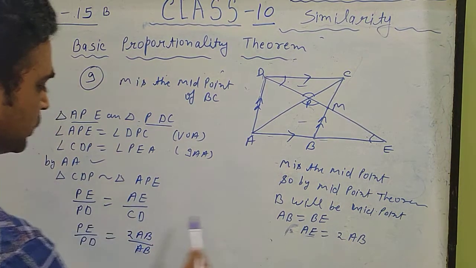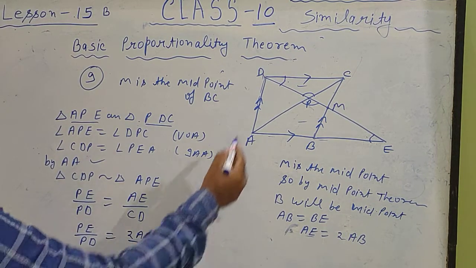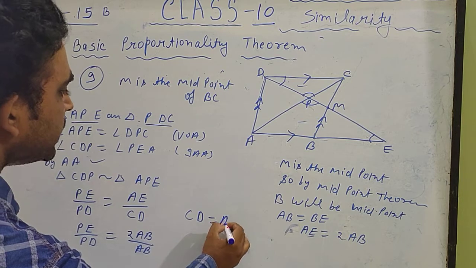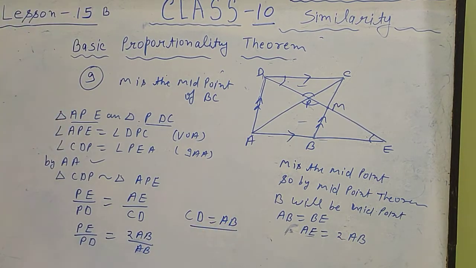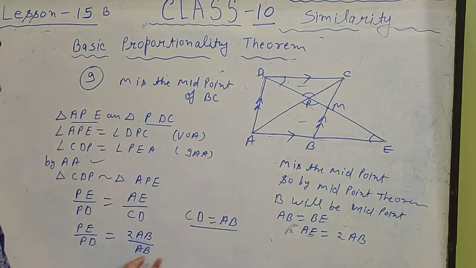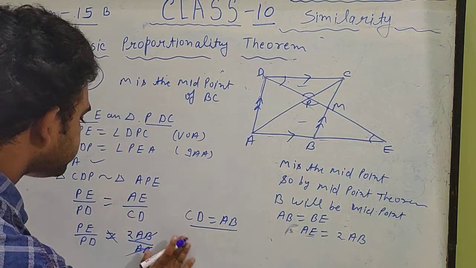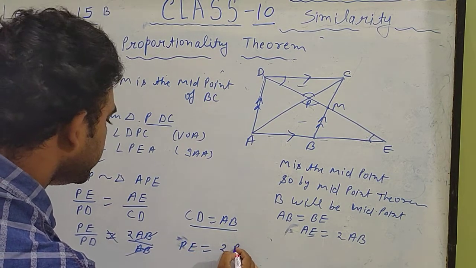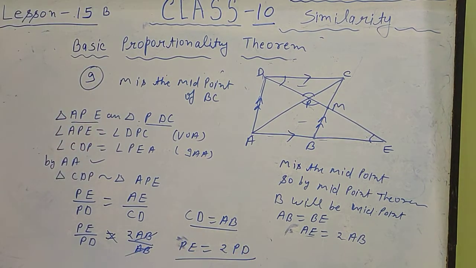AE is equal to 2AB, and it is given that CD is equal to AB, why? In a parallelogram, opposite sides are equal, means AB is equal to CD. So in place of CD, you can write AB. Now AB and AB cancel, cross multiply. So PE is equal to PD. Hence proved.